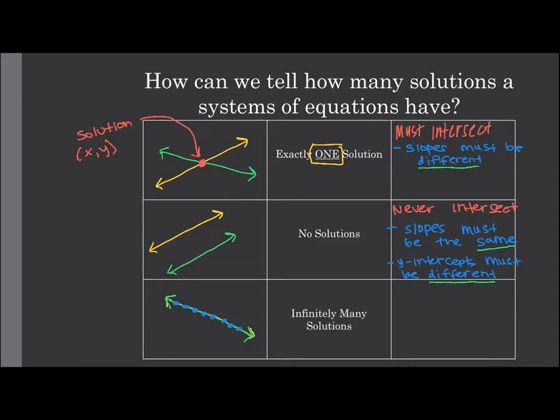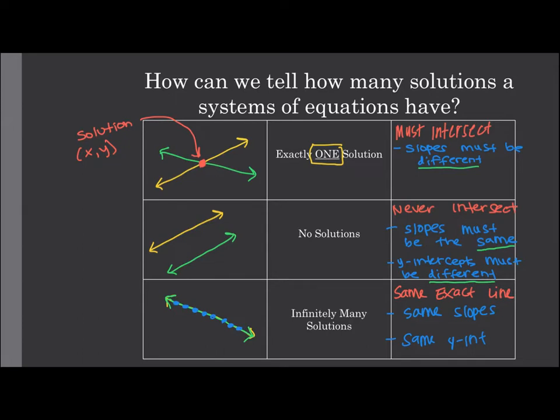So this would mean infinitely many solutions because all of their points are the same. And so these would have to be the same exact line, which means they're going to have the same slopes, and they're also going to have the same y-intercepts in order to be the same line.